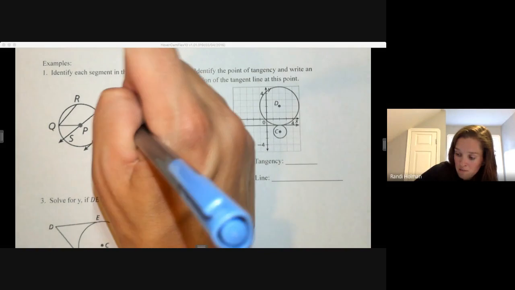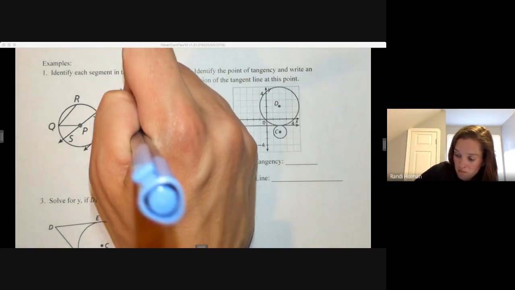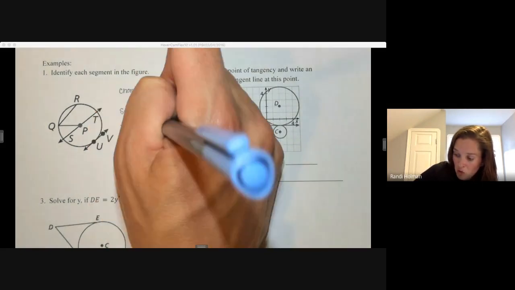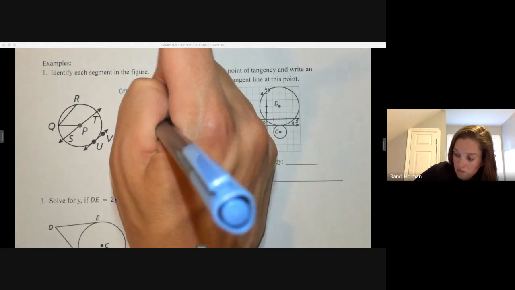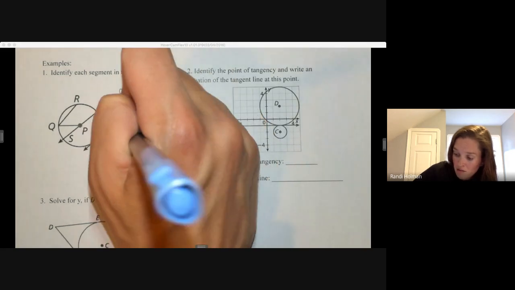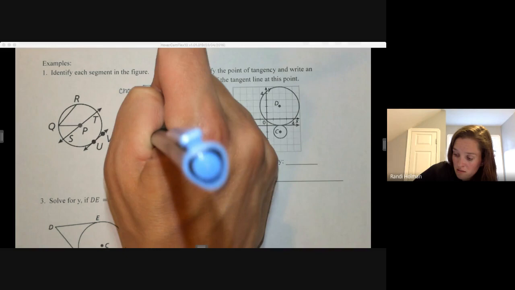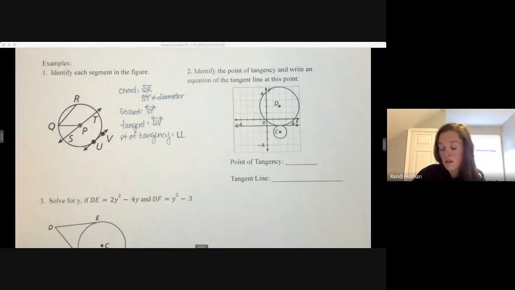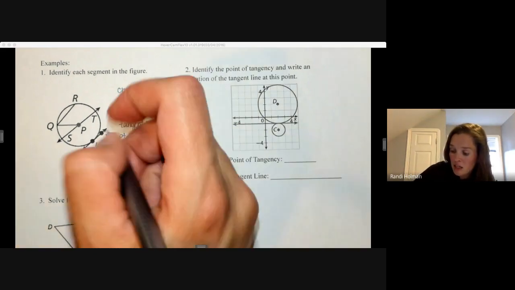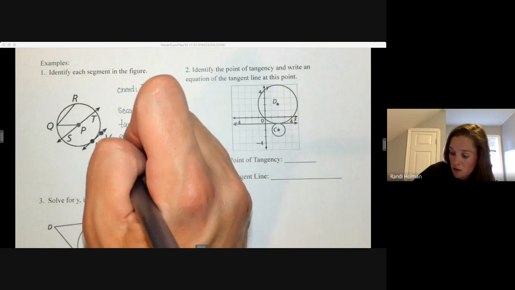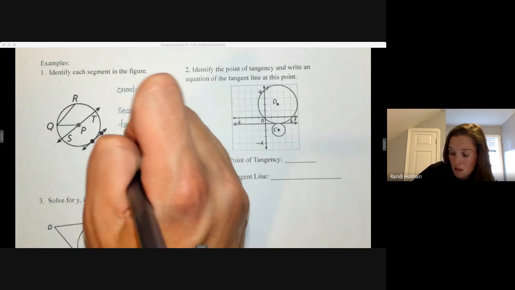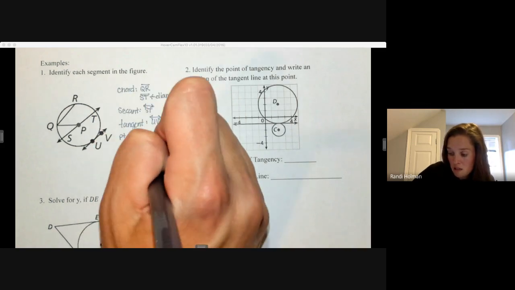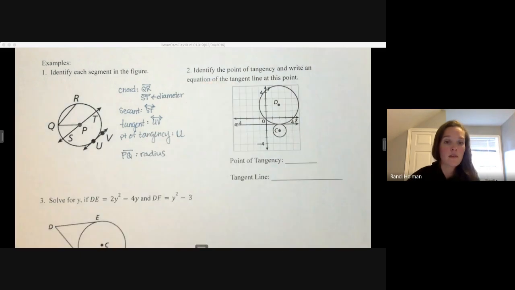Tangent line here, we have UV, and the point of tangency is the point U. I think the only other thing here that's interesting to talk about would be PQ. PQ is a radius. So all of those different things we should be able to identify within our circles.